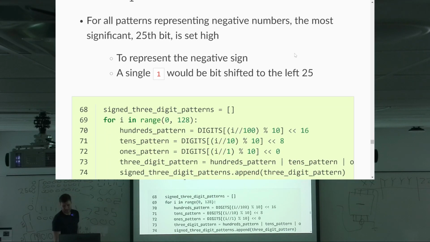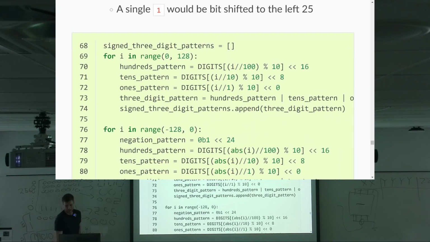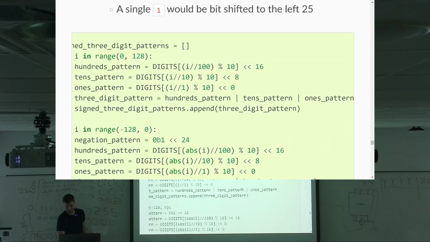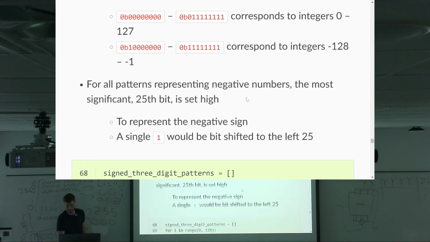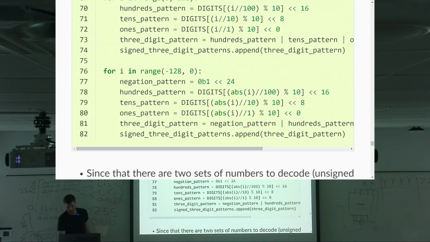And we need that sign bit. So you'll notice here, for i in range 0 through 128, it's the exact same thing, okay? But then here, I'm doing from negative 128 to 0.